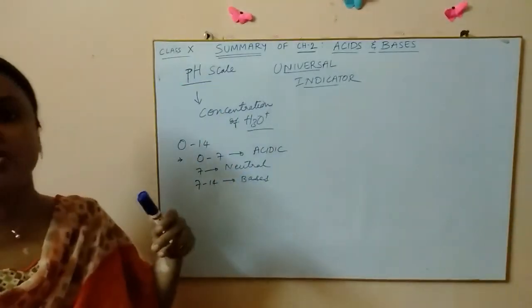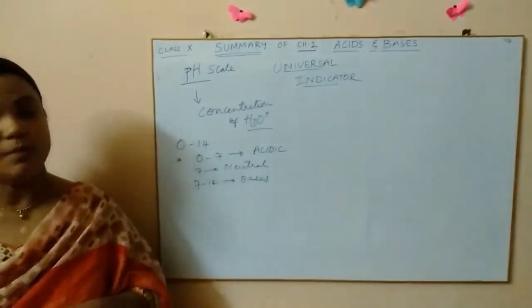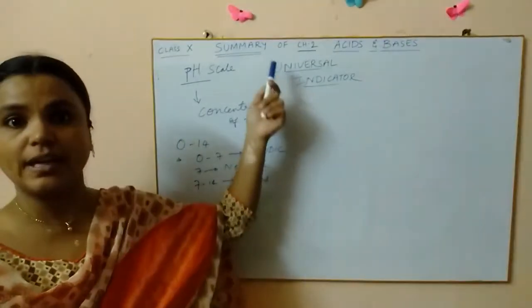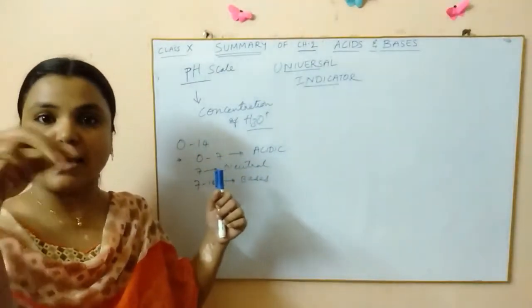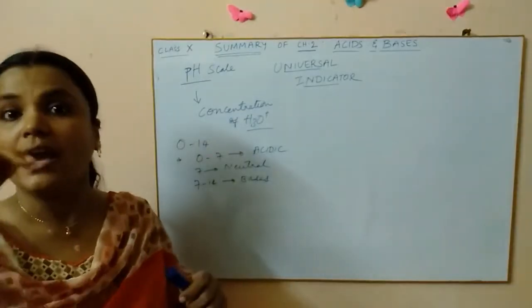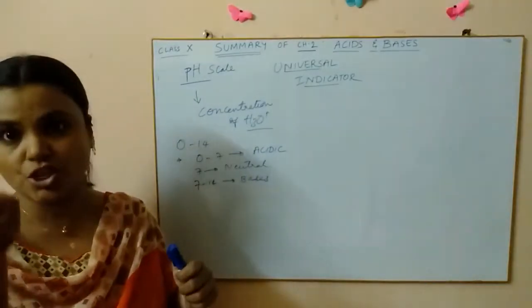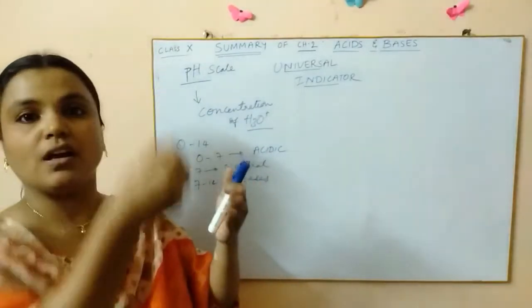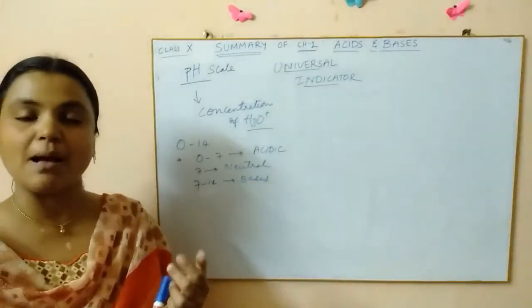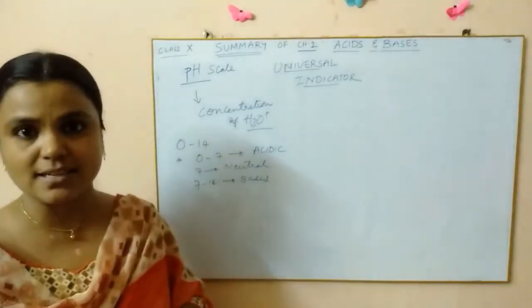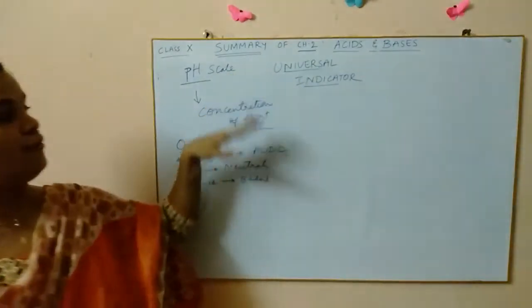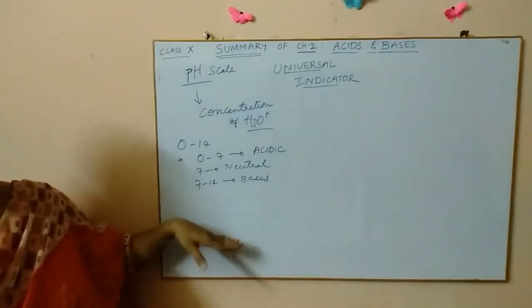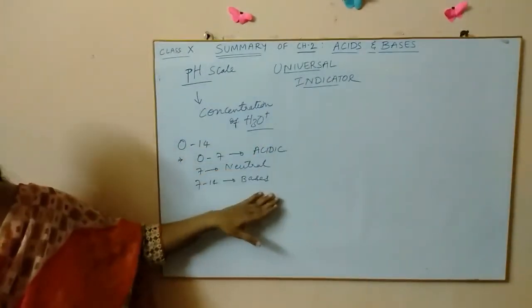Actually, pH strips are made of the universal indicator only, which give different colors at different pH values. After dipping into the solution, the shade of the color can be compared to the color chart shown on the pH strip. Then you can find out whether it is acidic, neutral or basic.